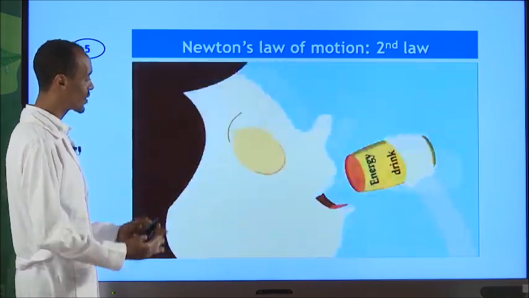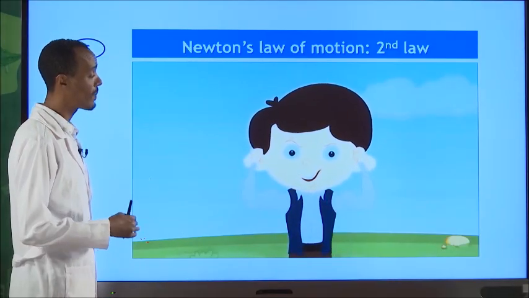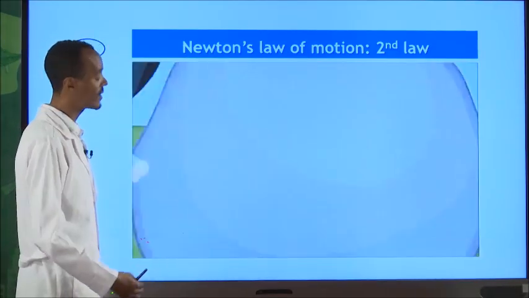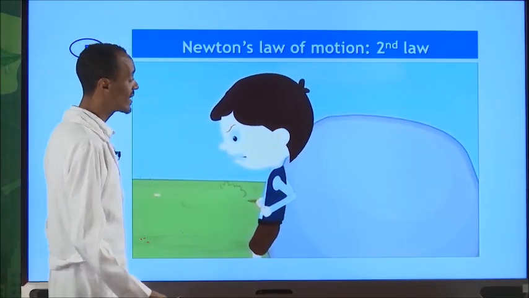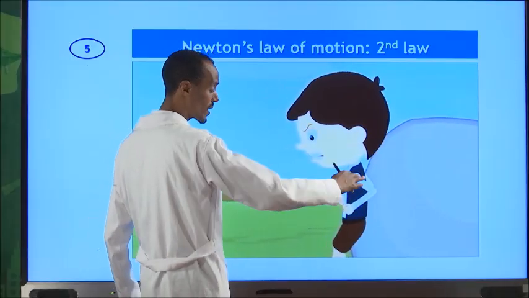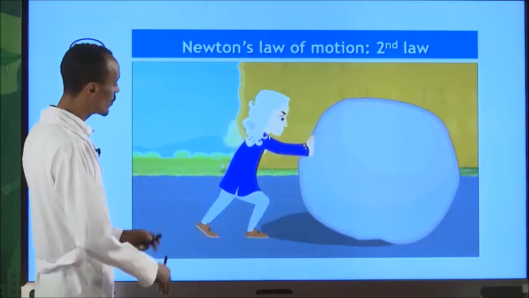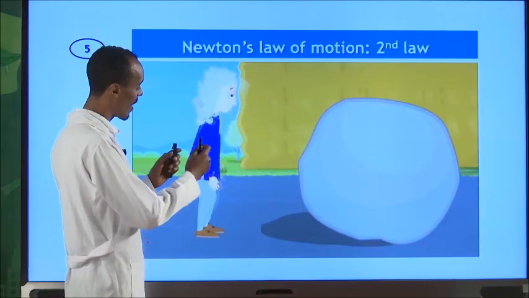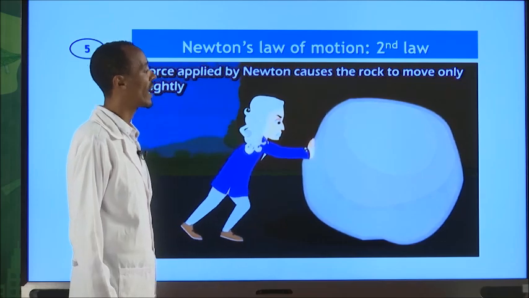If there is a large mass, we have to apply a large amount of force to accelerate the body or to change the speed of an object. Then this is the big stone, and the child is pushing the stone. If you are not in position and you don't have enough energy, you can't push a big load like this.